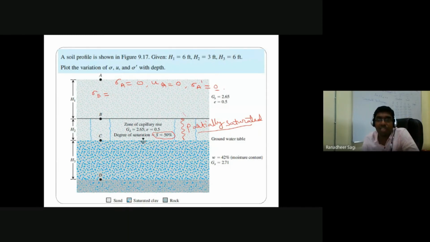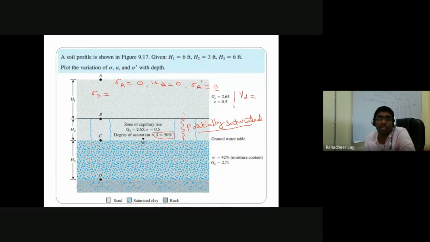The data given to me is the specific gravity of soil solids of layer 1 and the void ratio of that soil. From this data, I'll calculate the unit weight of the soil. Now what is the condition of this soil? You are not given any degree of saturation. It means that the soil does not have any saturation in it, neither partial nor full saturation. So the soil I am referring to for layer 1 is a dry soil.